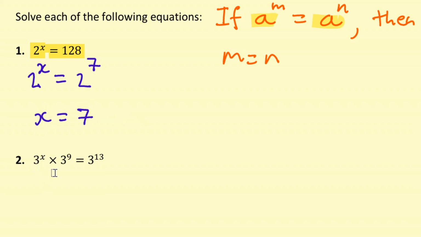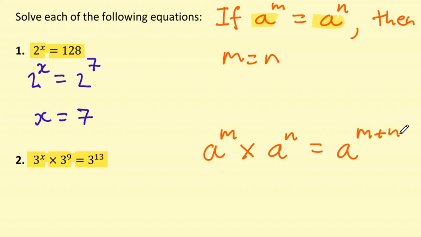Let's solve the second equation here. We have 3 to the power of x times 3 to the power of 9 equals 3 to the power of 13. We're first going to use this exponential law and simplify the left-hand side. So this law says a to the power m times a to the power n equals a to the power m plus n.